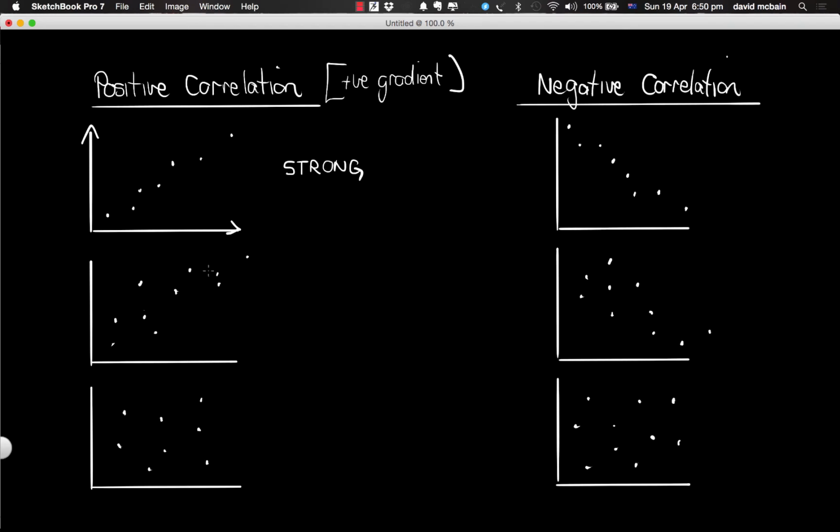There's generally a trend that seems to be going in this direction, but it's not as defined, not as clear-cut as the first one, so we would describe that as moderate. And in this third case, there's no clear relationship between the two variables at all. In this situation, we would describe this as no correlation.